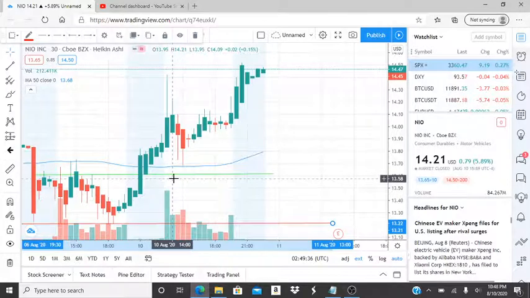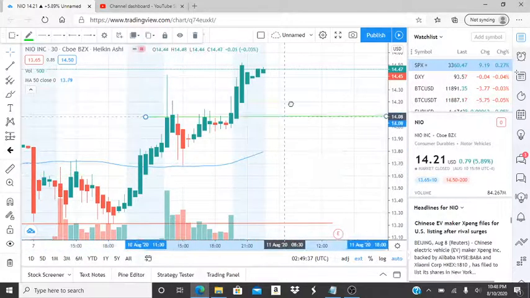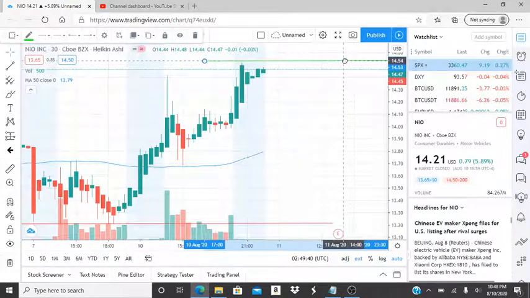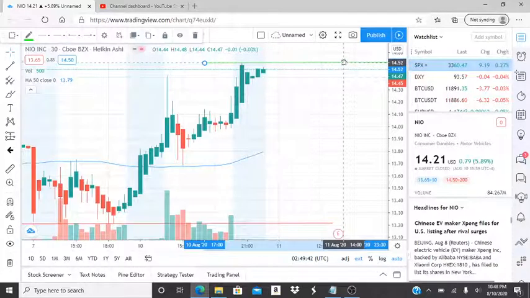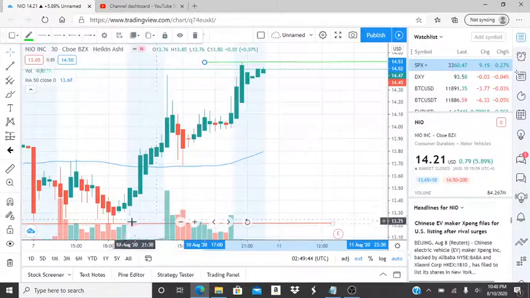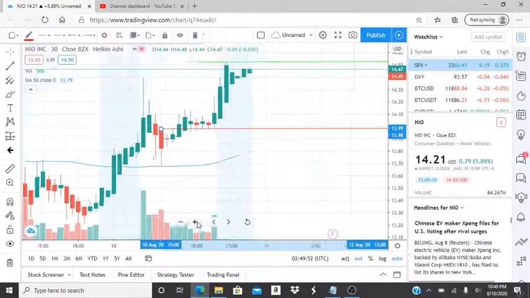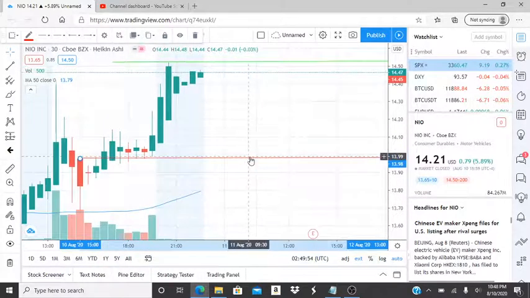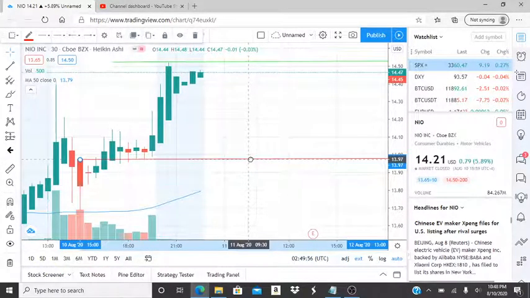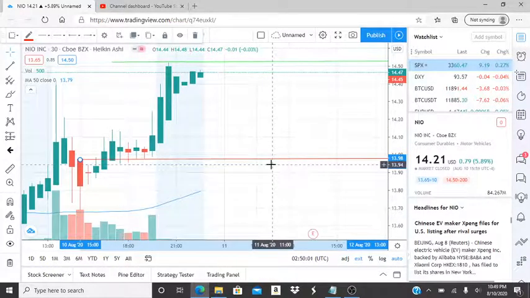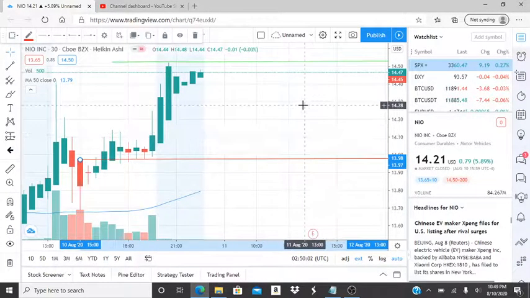So we're going to zoom in here and see what is important for tomorrow. So obviously the 50-day moving average is below the support level. That's a good thing too, because support can be used and it can continue to maintain a bullish run.